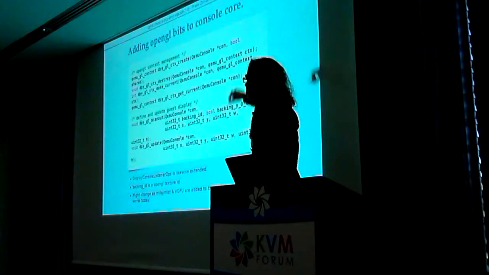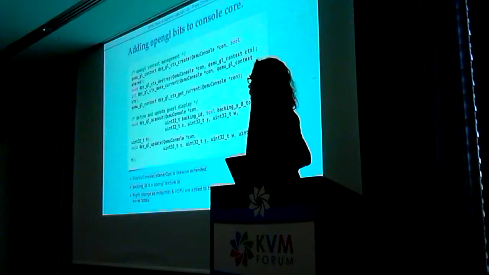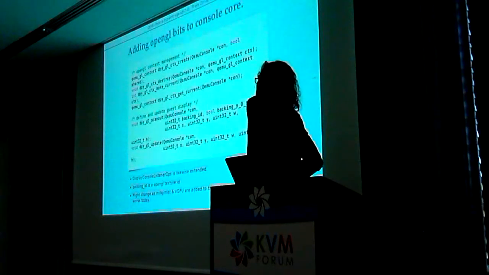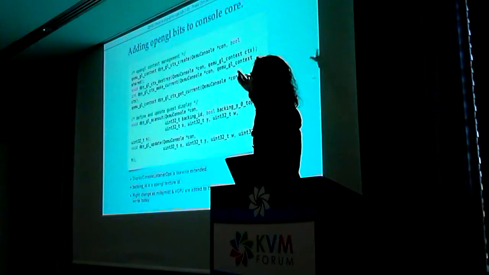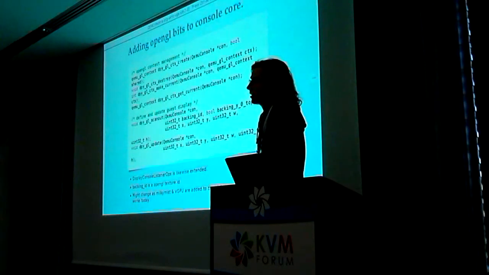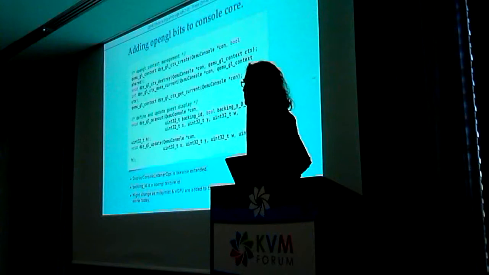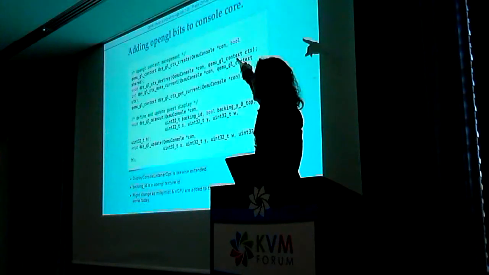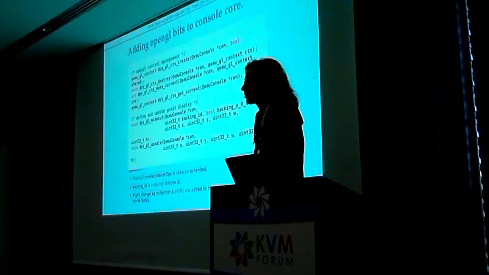And that's why we need this set of functions. So if you're using SDL to display the guest display on your screen, you also have to use SDL and ask it to create a context and so on. And that's why we need those callbacks to manage the OpenGL contexts.